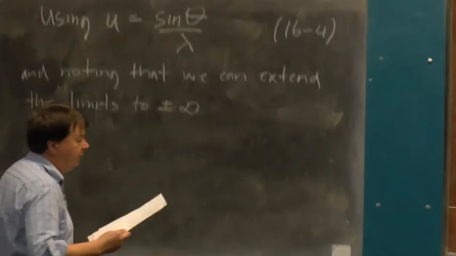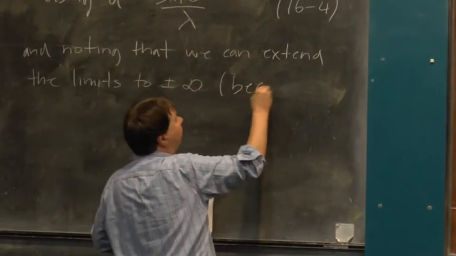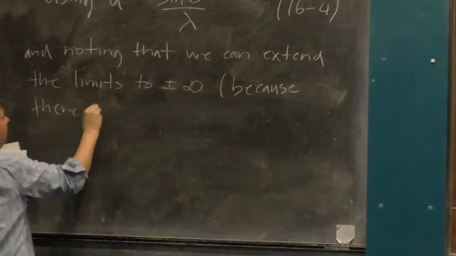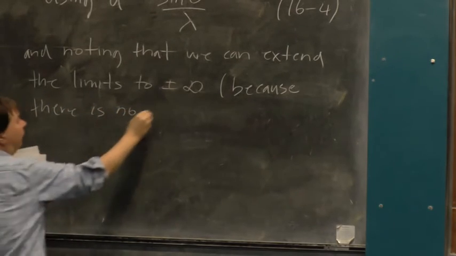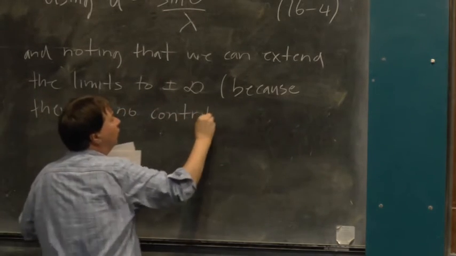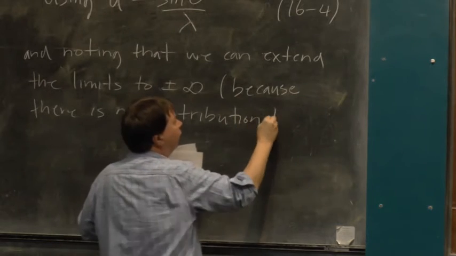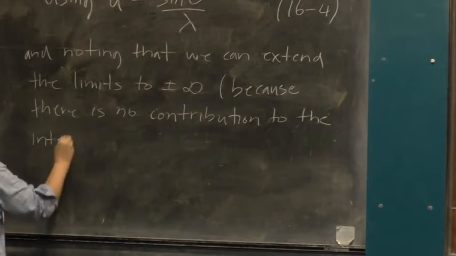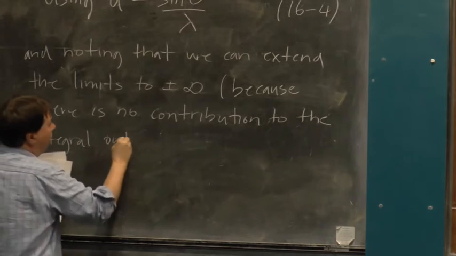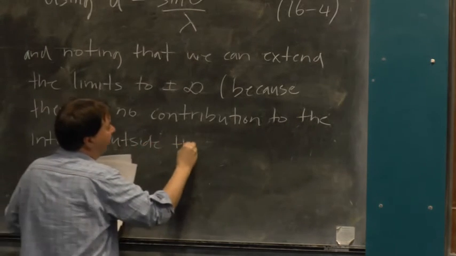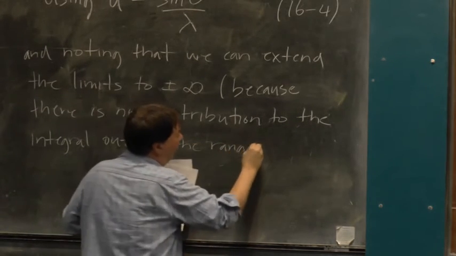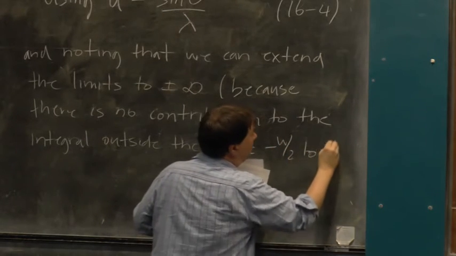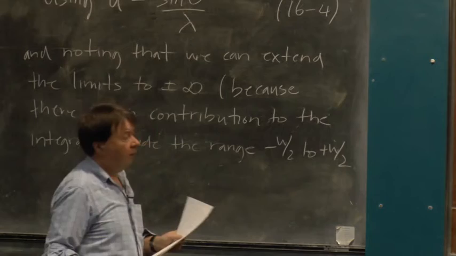And again, let's be explicit about this, because there is no contribution to the integral outside the range. The slit is, in other words, the illumination only goes from minus w halves to plus w halves.